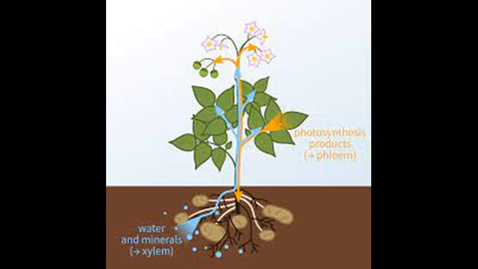The name of the tube is called xylem, and the red and the yellow ones are the pathway for the food, which is already prepared by the plants, which is transported to different parts of the plant, the leaves, the roots, the stems, and other parts of the plants.